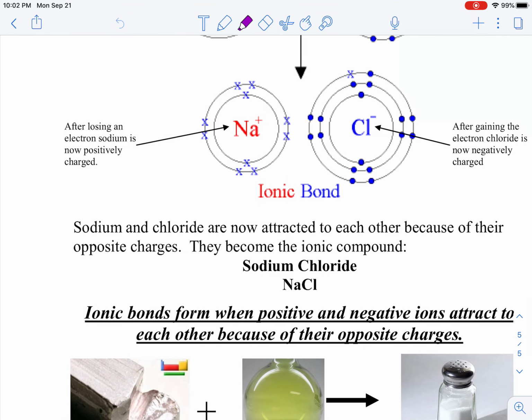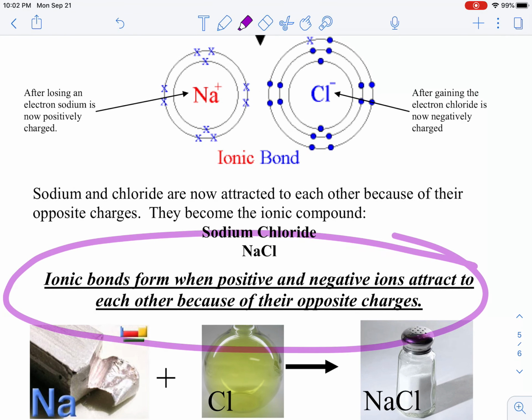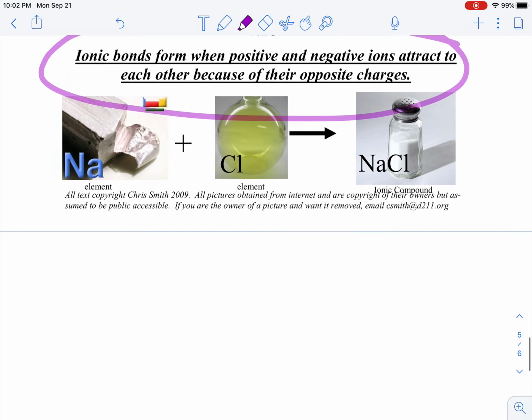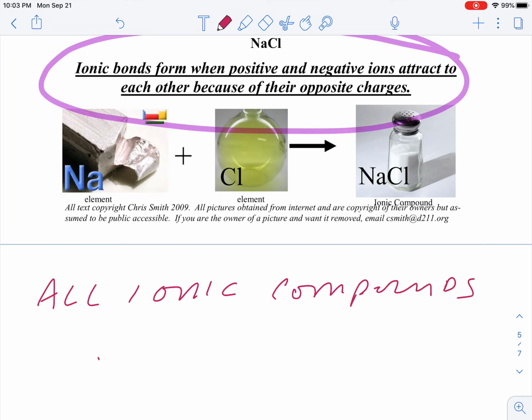So here is your general definition all the way down at the bottom. Ionic bonds form when a positive and negative ion attract to each other because they're opposite charges. And then you can remember that all ionic compounds are neutral.